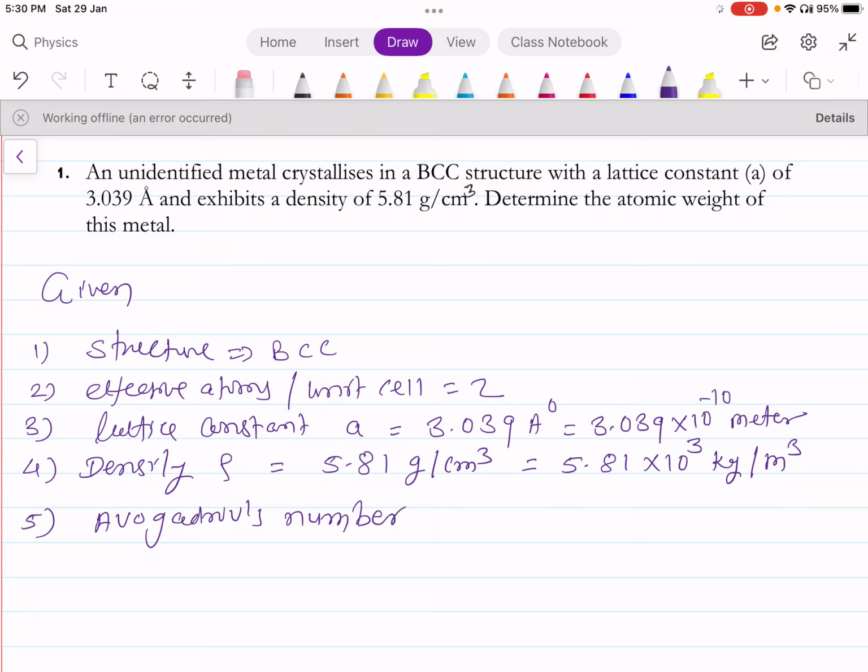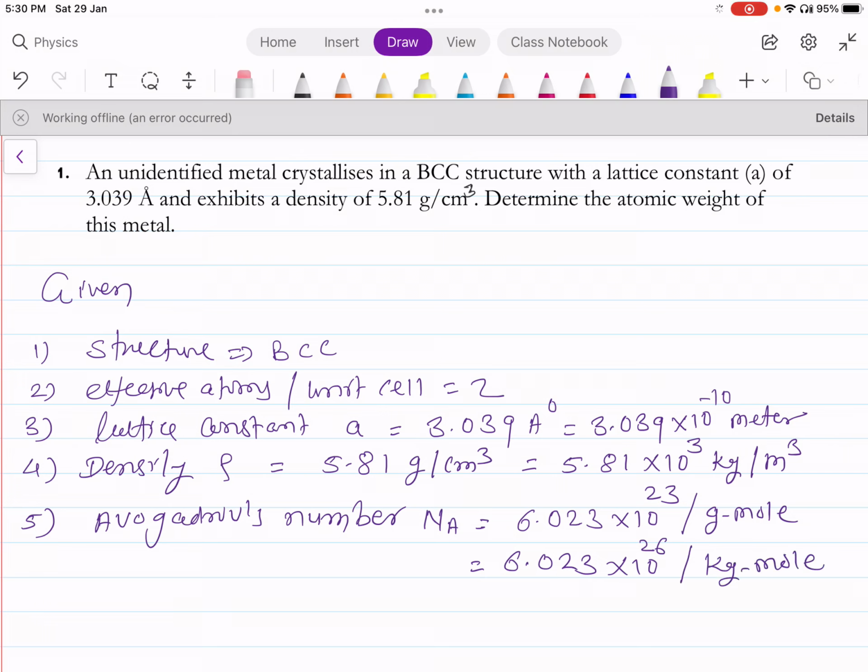Avogadro's number, denoted by Na, is 6.023 into 10 to the power 23 per gram mole, which is nothing but 6.023 into 10 to the power 26 per kg mole.